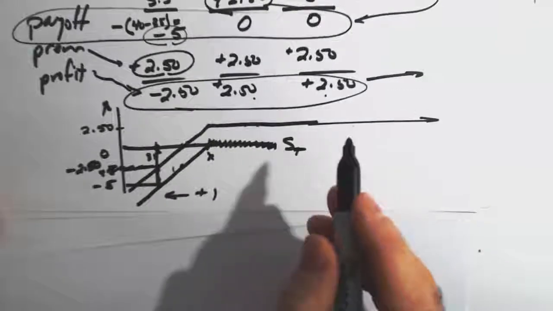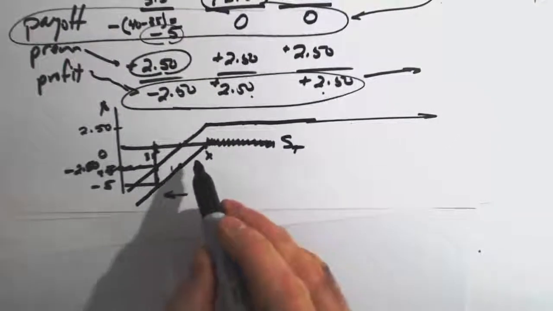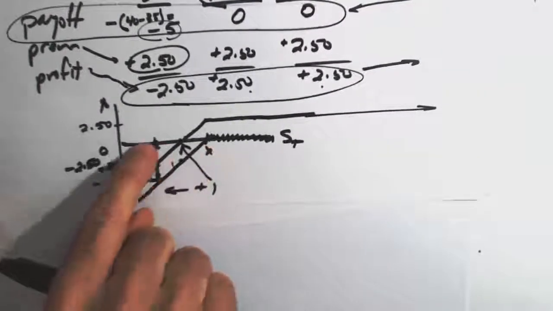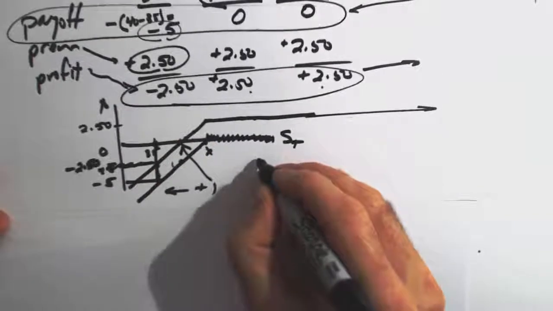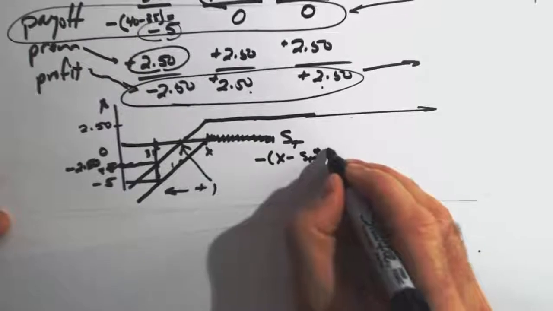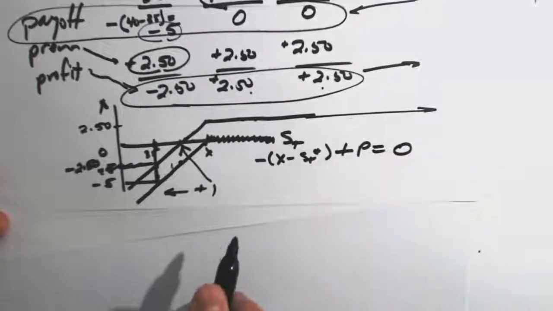Okay. Now, you can find the break-even point. And again, you're going to have a break-even point, in this case, right here. It's got to be below the strike. And the formula will be minus (X minus ST*) for break-even plus the premium equals 0.